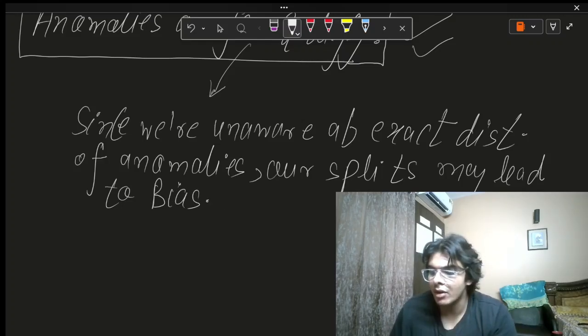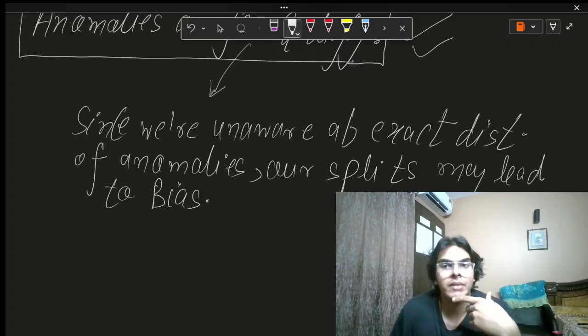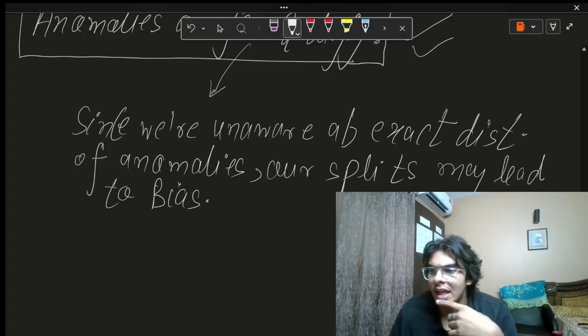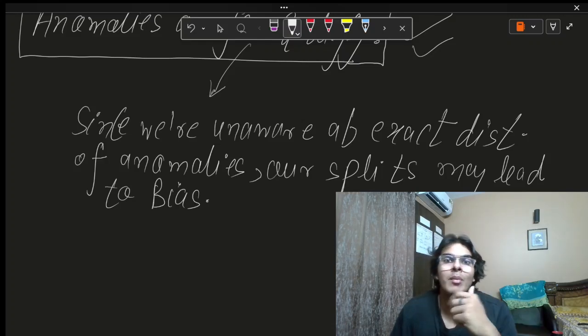So let's say we were not using the isolation tree model here, we were using a decision tree or something else, where we have a formula to calculate the splits. It is going to cause an issue, because decision trees and other formula-based splitting models usually assume some sort of underlying structure. They assume that this is how the anomalies are going to be, this is how their distribution is going to be.